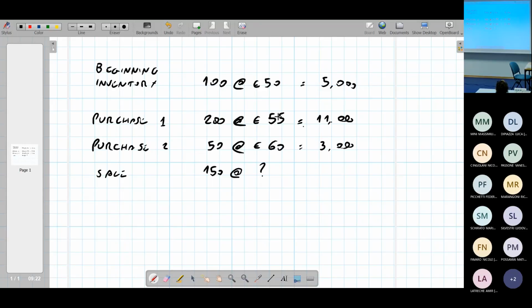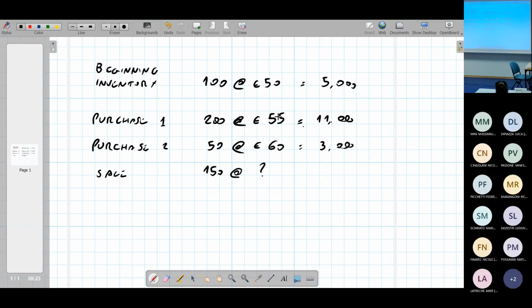If you're selling, I don't know, tuna fish cans, clearly you don't know exactly which is which. So you're not really keeping track of each single can and its purchase price.